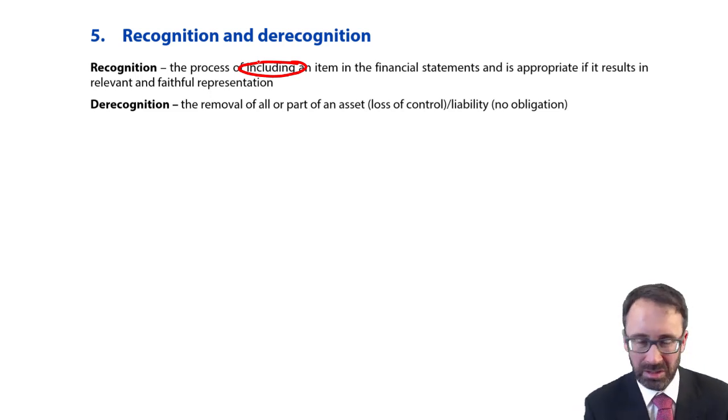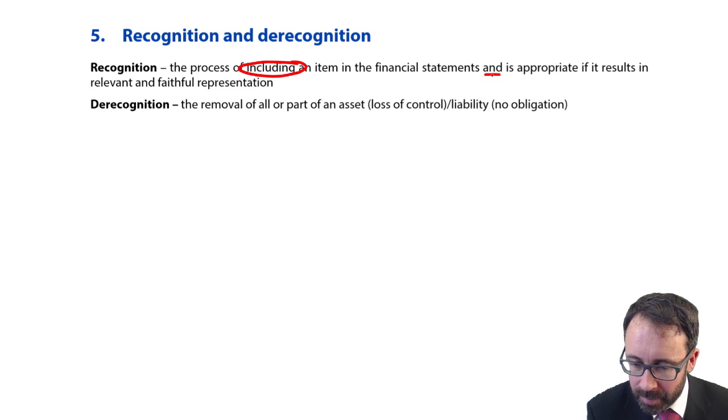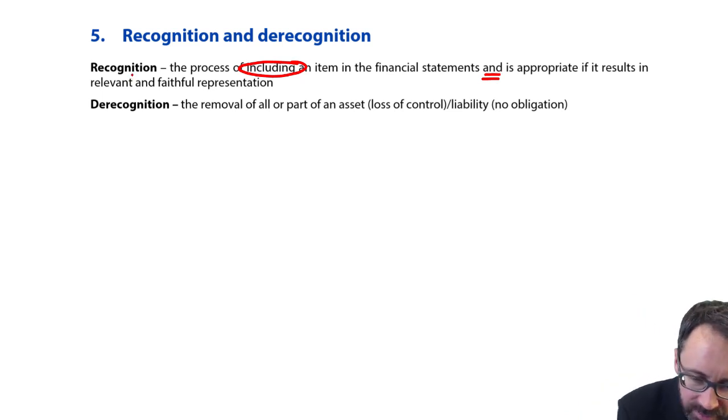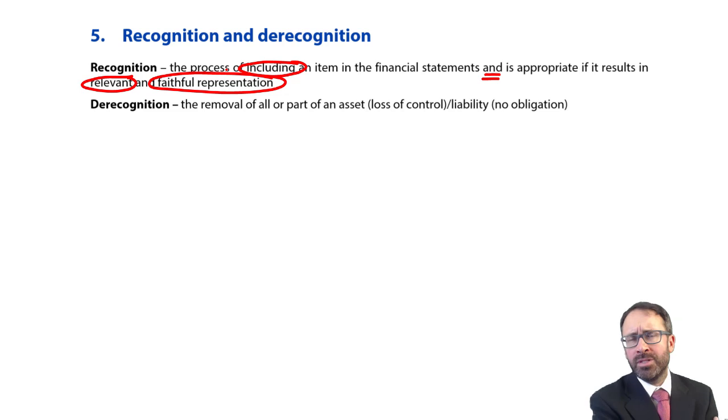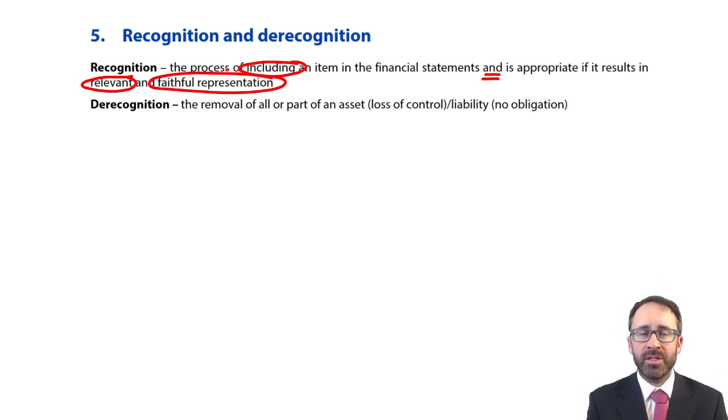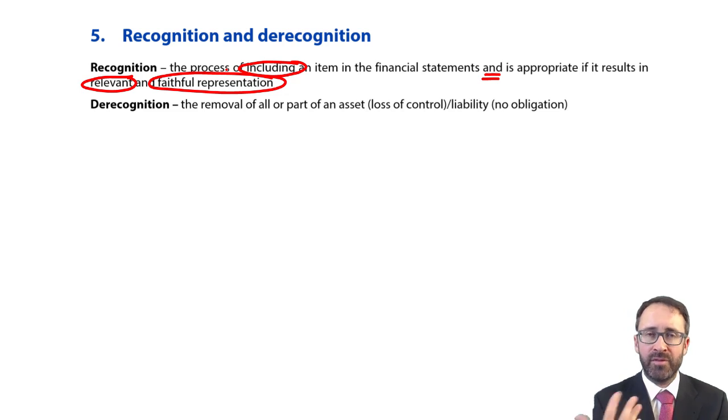That makes sense, doesn't it? Surely that's what recognizing is all about. And it's only appropriate, i.e. it can only be included if it results in relevant and faithful representation. So that's going back to the qualitative characteristics of relevance and faithful representation.